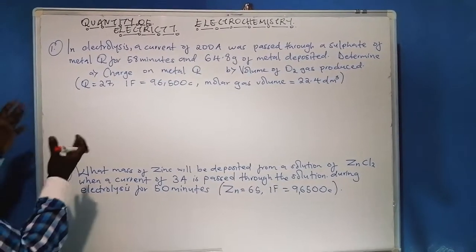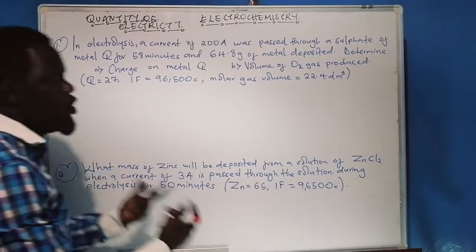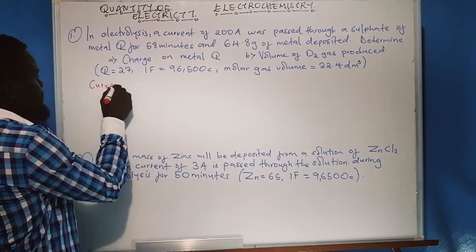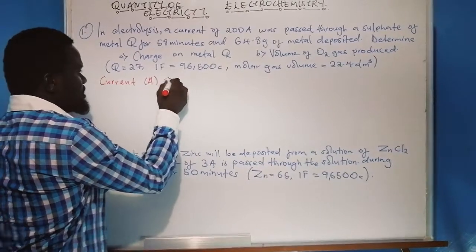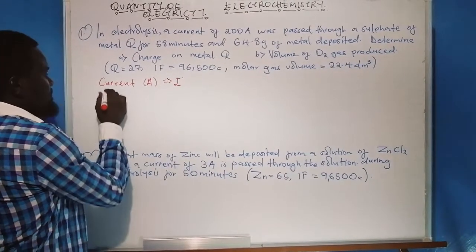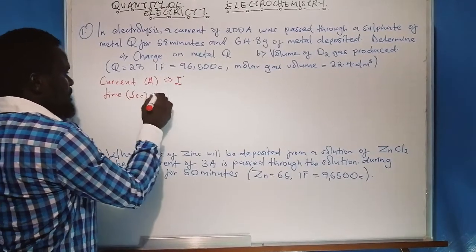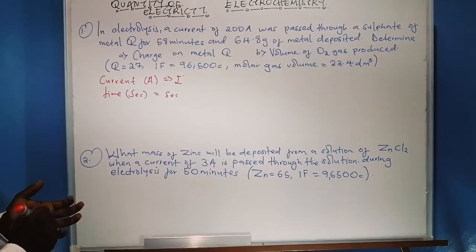So before we begin this, there are some very few concepts that I'd like us to note. Number one is that current is measured in amperes and the unit is I. Time is measured in seconds and we just give them the units in seconds.